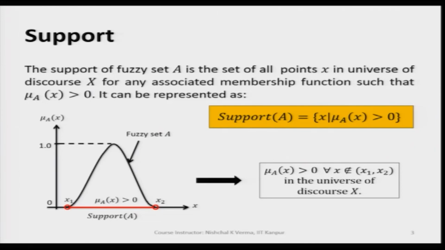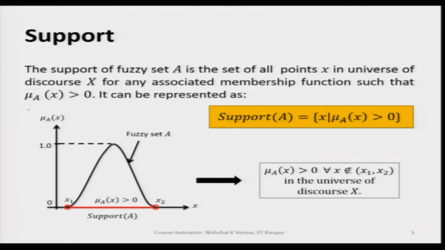So, the first one is support. So, what is a support? So, the support of a fuzzy set A is the set of all the points small x in universe of discourse capital X for any associated membership function such that mu of x.